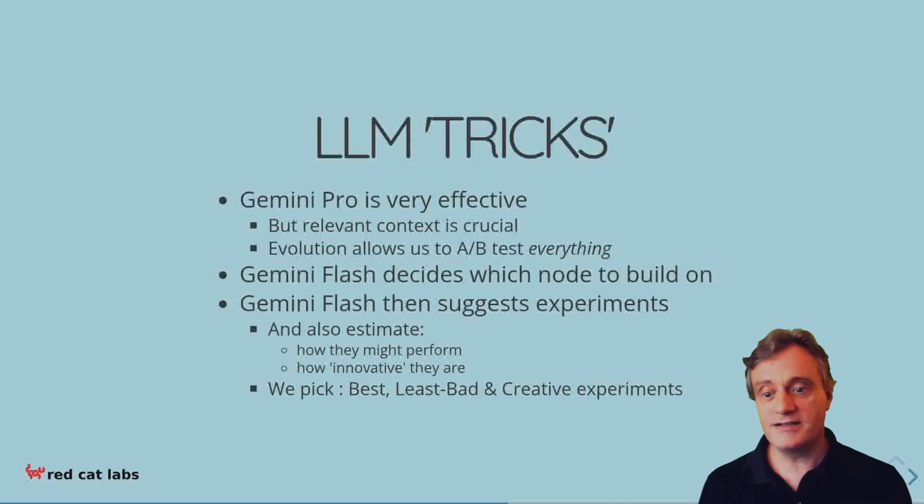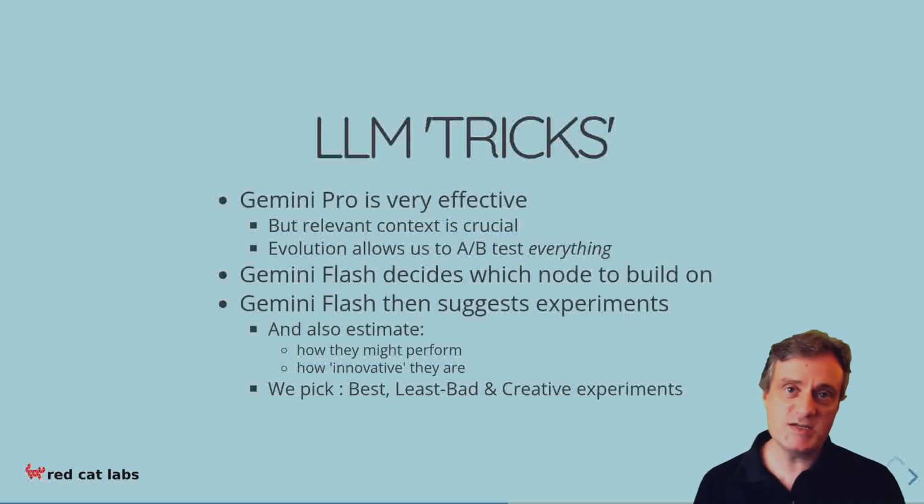I've also found that Gemini Flash is actually pretty good at deciding what nodes to build on, like what are the right kernels to build upon, and it's also quite good at deciding what experiments it'd like to try. But what we also do is get it to estimate how these experiments might perform, like a range of how good the performance it thinks a kernel might be, and then guess how innovative it thinks that kernel or that step would be, that improvement.